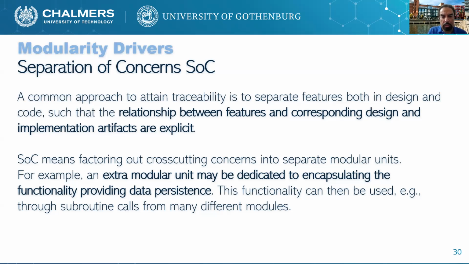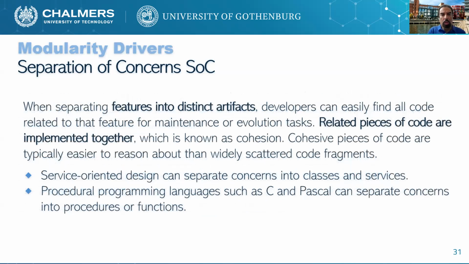So you need to separate these concerns. In this area, as I mentioned, we need to separate features into distinct artifacts. When you have artifacts in your assets to be used for a product line, you want to make sure that there are no cross concerns and each asset or artifact is going to have its own independent code and variabilities.